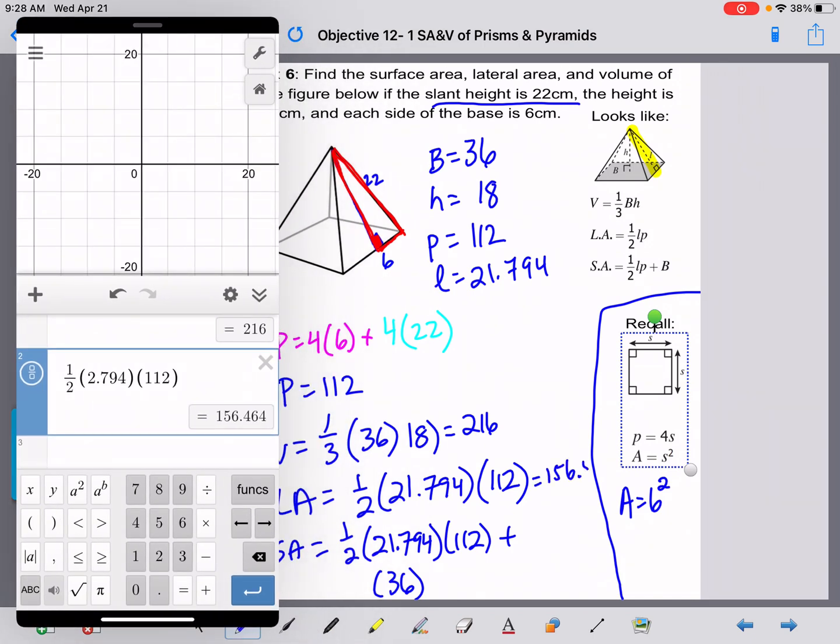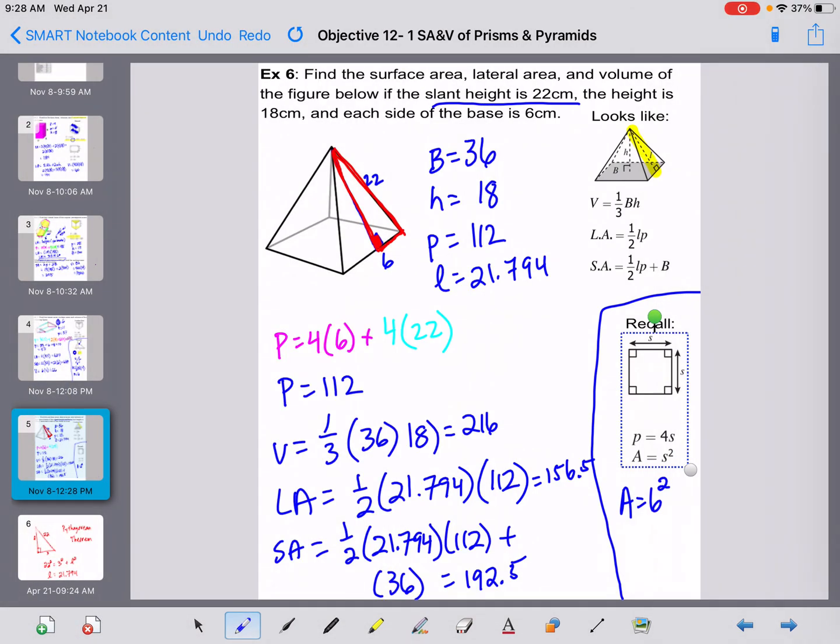I'm just going to round this one and say 156.5. And then the last one, I'm going to add the 36 to it. And I get 192.5. Whew, that last one was a lot of work. So, to recap, find all of the little pieces that you need in your formula, and then you just plug those pieces into the formula.